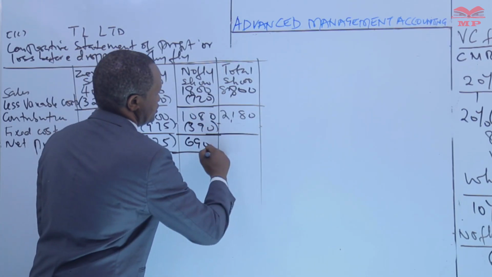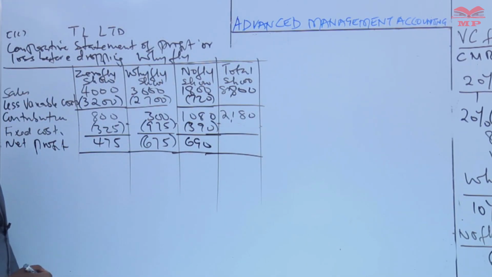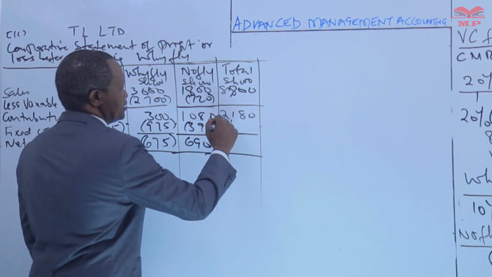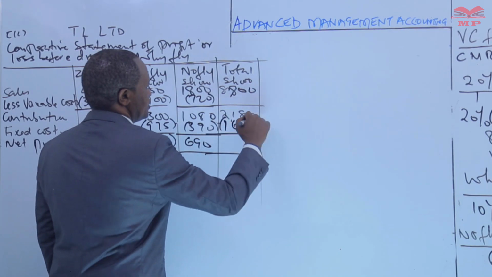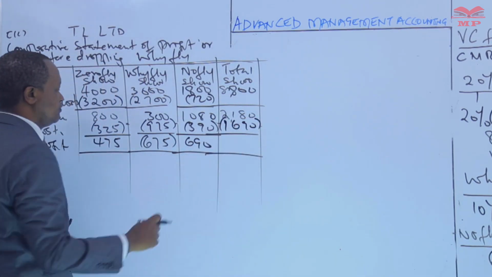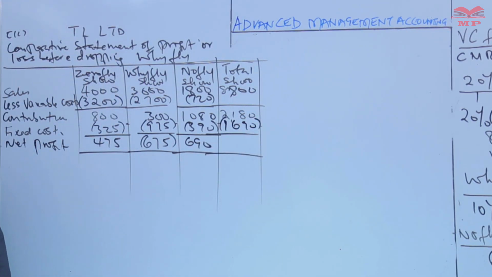Let's have the totals. Total net profit, total fixed cost. Give me the total fixed cost and total net profit. 1690 is the total fixed cost. Deduct from the total contribution, give me the net profit. Anthony says 490.